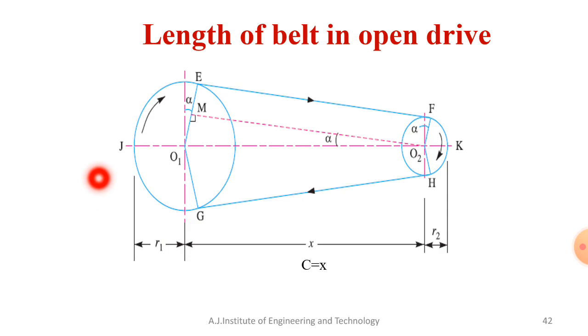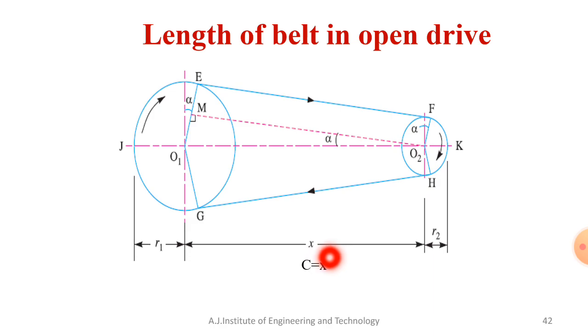That expression is usually in terms of the diameter of the driver pulley as well as the diameter of the driven pulley, along with the distance between the centers of the driver and the driven. That distance is called center distance. It is denoted by C or X. In some textbooks they mention it in terms of X. So C stands for center distance between two pulleys.